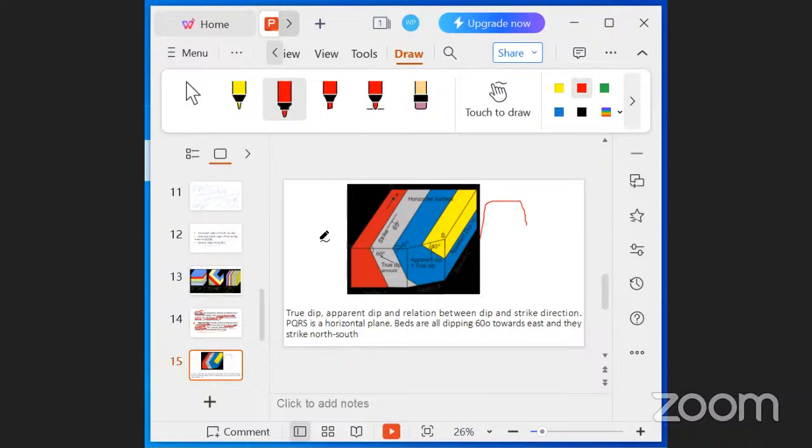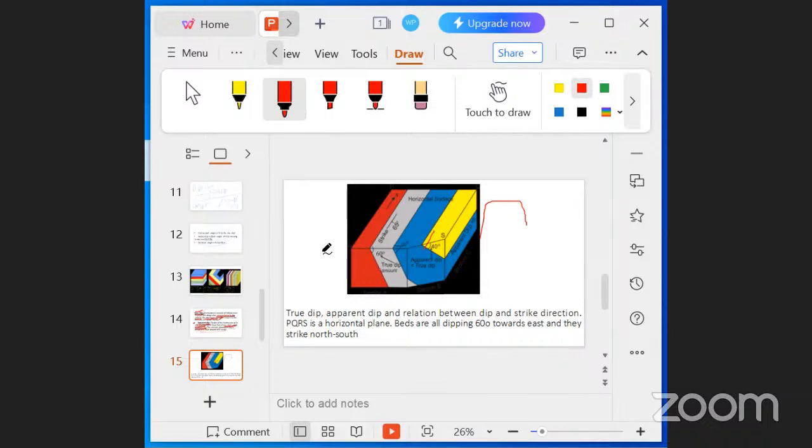So this true dip is in the direction perpendicular to the strike. While mentioning the attitude of any inclined bed, the dip amount and the dip and strike direction should be mentioned.